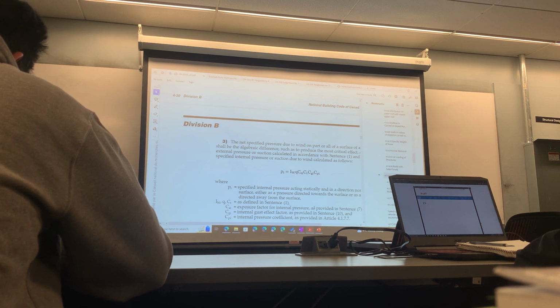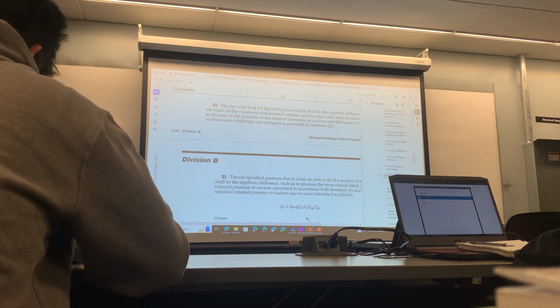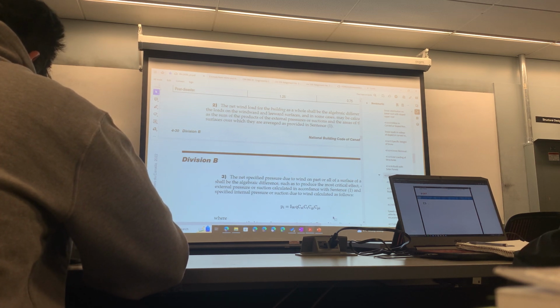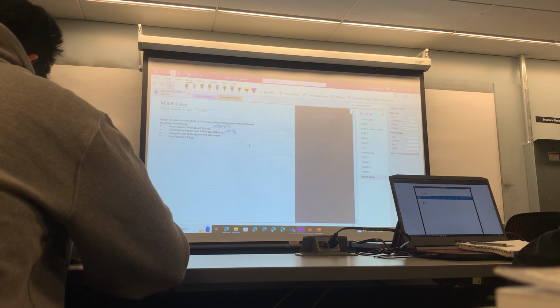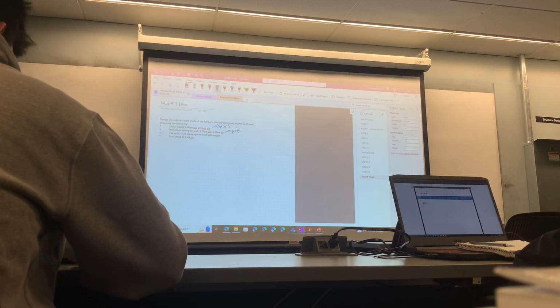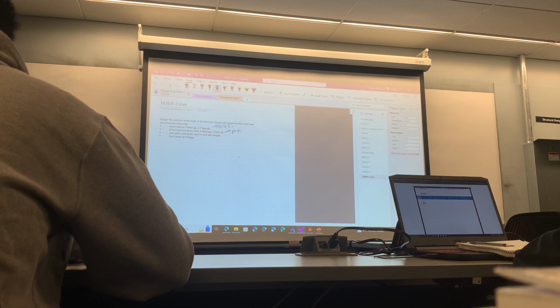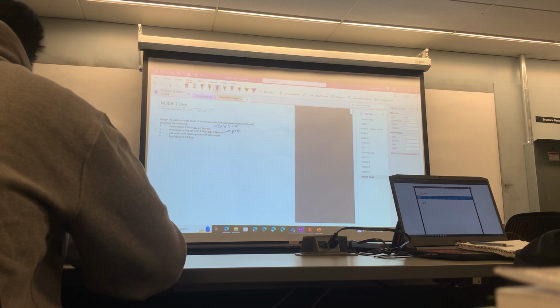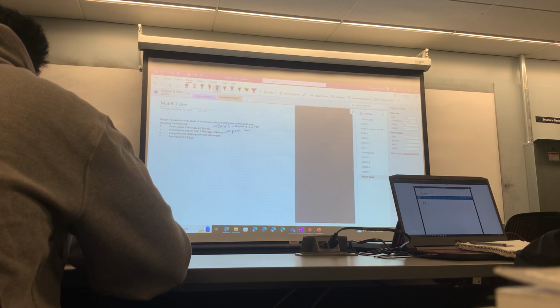So you have a net wind from P and PI with all your tables, exposures. You did this in steel, okay? P plus PI. So for this, I just specified wind load and snow load.